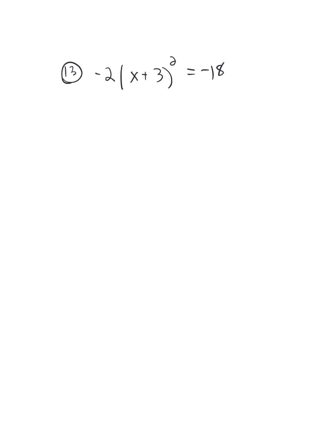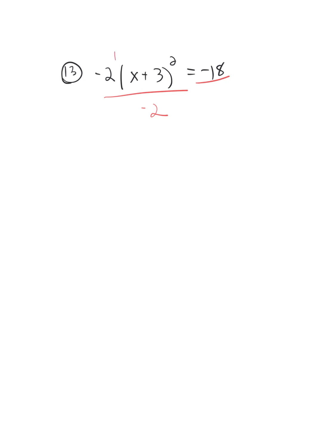Okay. This one, when we look at it, it is set up already to do square root. It has that form. So I'm going to start by isolating the square, which means I have to move that -2. I can't distribute it in there because the parentheses have an exponent on the outside.